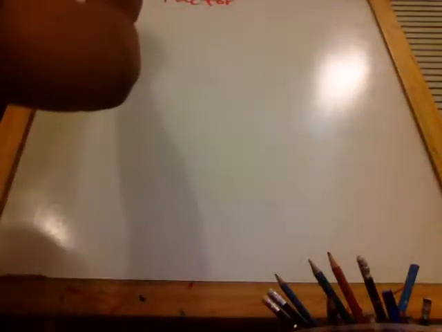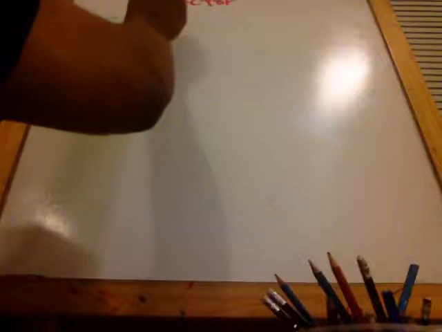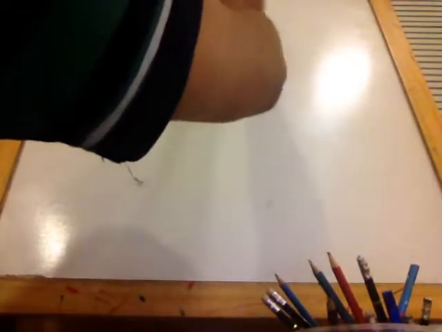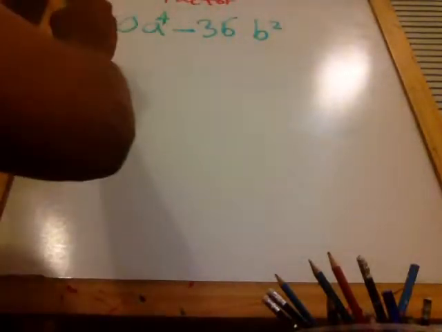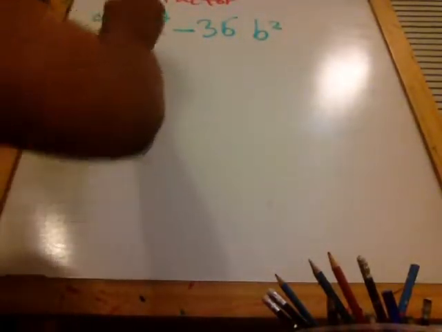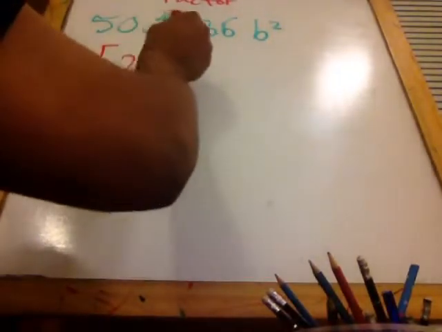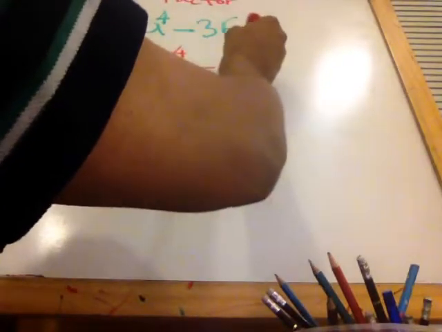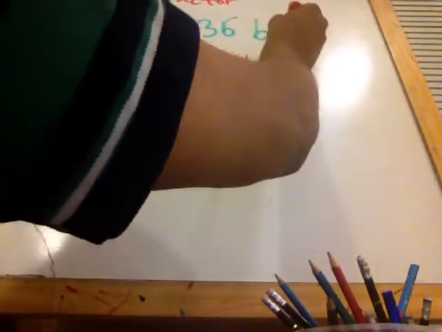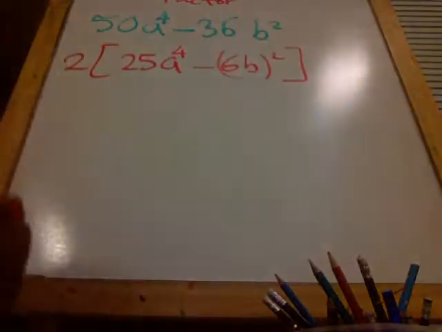If I have 50a to the power 4 minus 72b squared, you could see that 2 is a common factor.